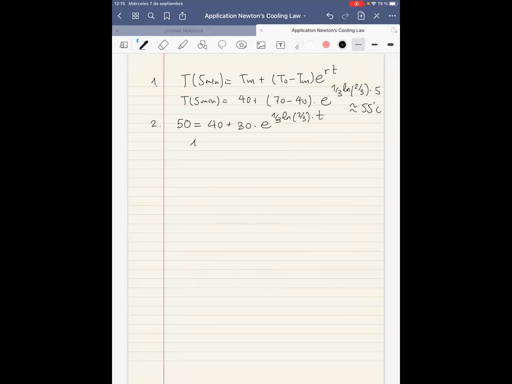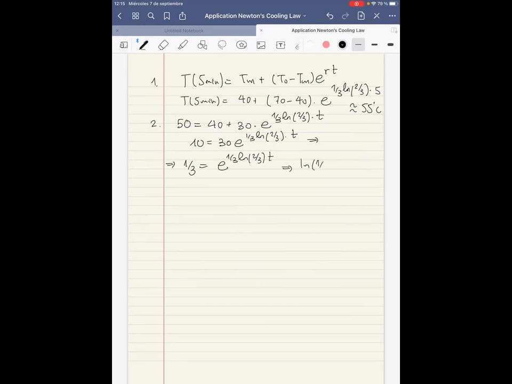So basically it would be 10 equals 30 times the exponential of R times t. So 1/3 would be this exponential, and we can just take the logarithm.